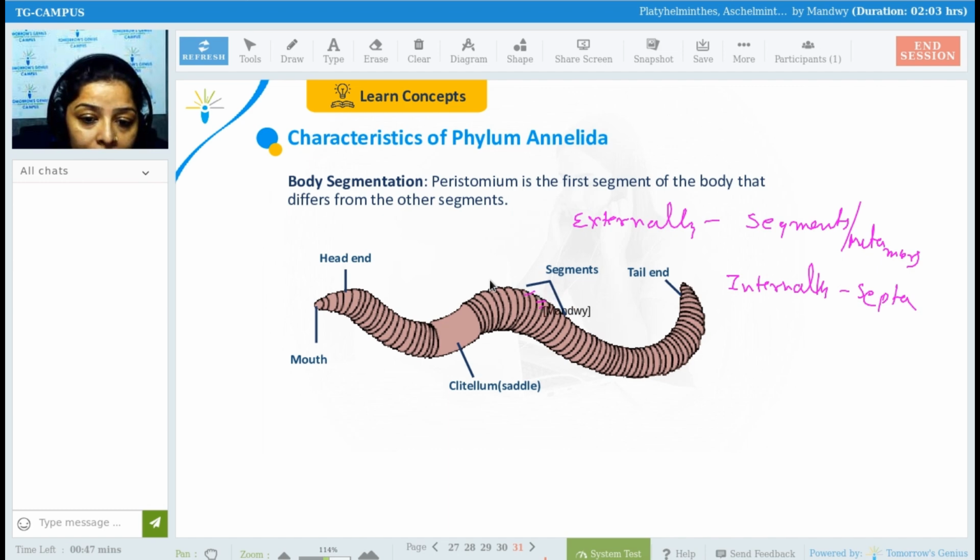Each segment is called a metamer. Clear? So they have a body segmentation.